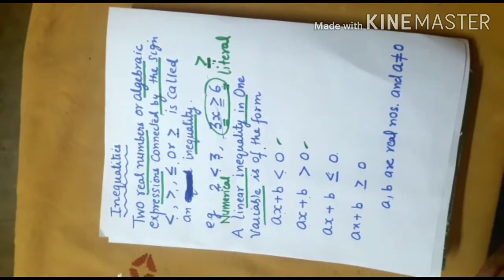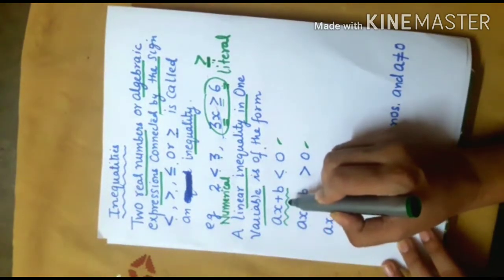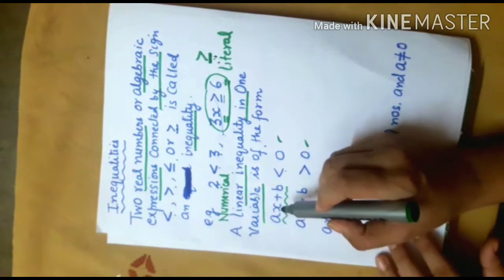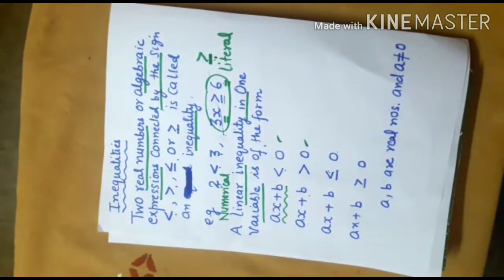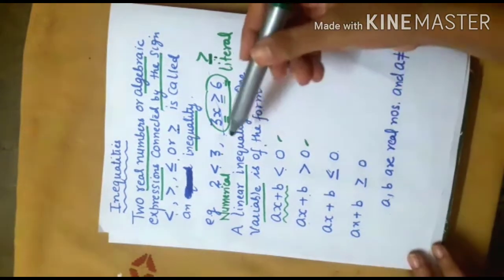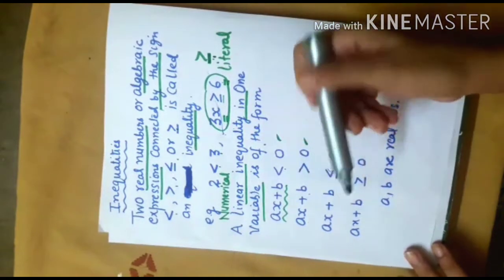It is a linear inequality in one variable because this polynomial has degree 1 and there is only one variable in it. So a linear inequality in one variable can be of these forms.